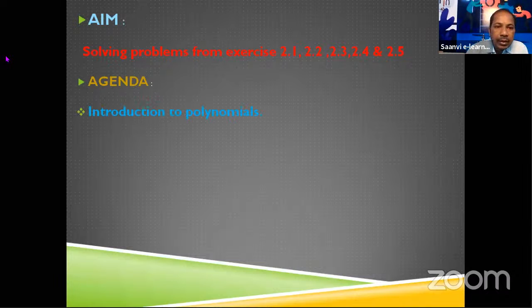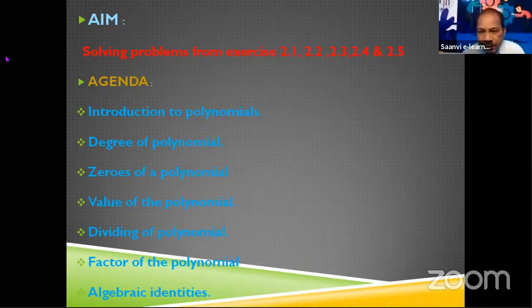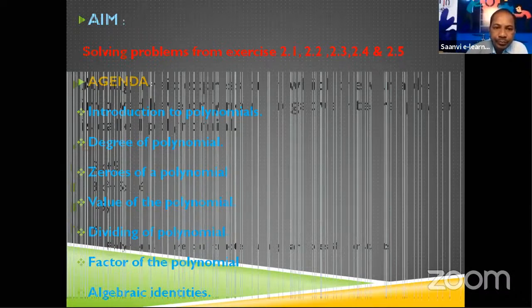And the agenda is introduction to polynomials, degree of polynomials, zeros of a polynomial, value of the polynomial, dividing of polynomial, factor of the polynomial, and the last one is algebraic identities. In previous classes, we have discussed all these topics. So at last, algebraic identities. Today we are going to discuss these algebraic identities.